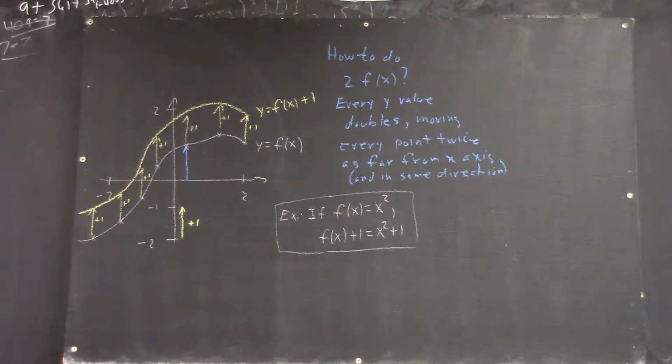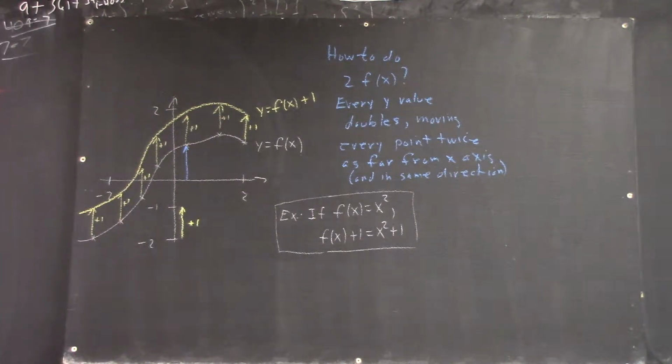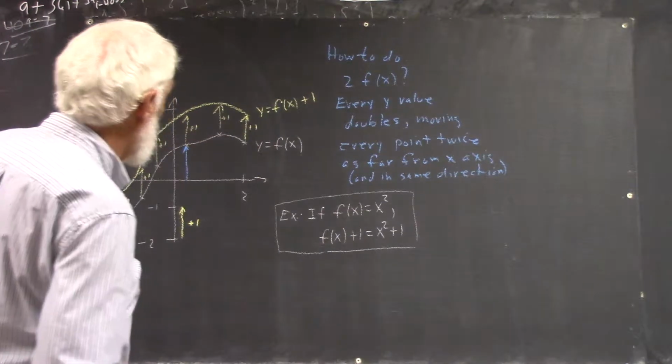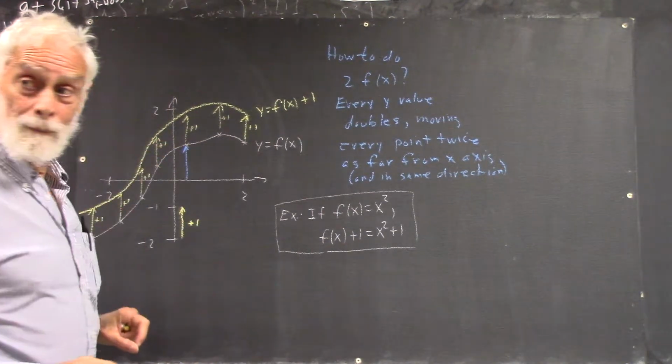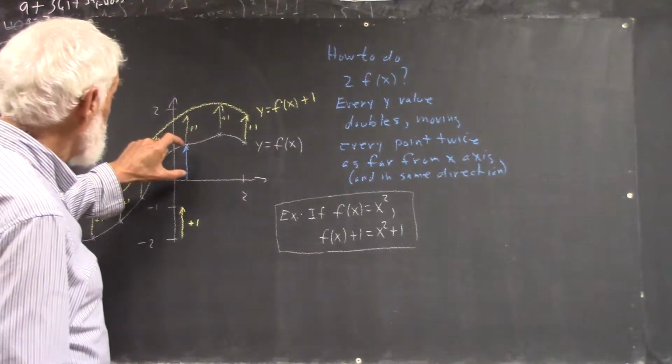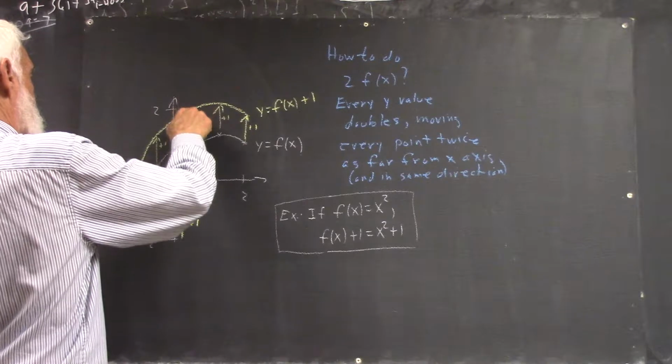That's how far it is from the x-axis, right? Well then, if I want 2f of x, I've got to make it twice as far. To make it twice as far, I can just take one of these arrows and tack on another one.